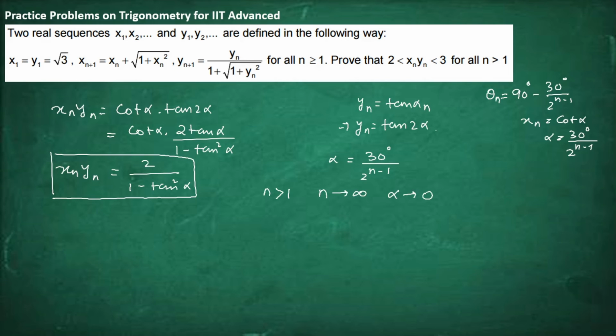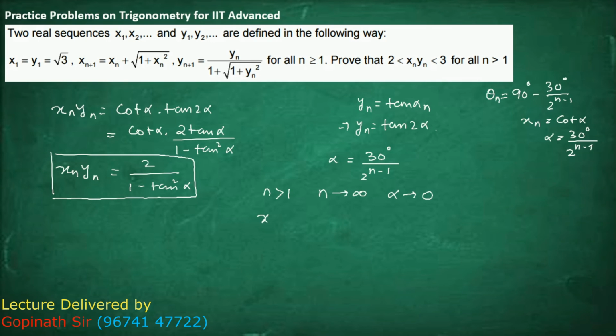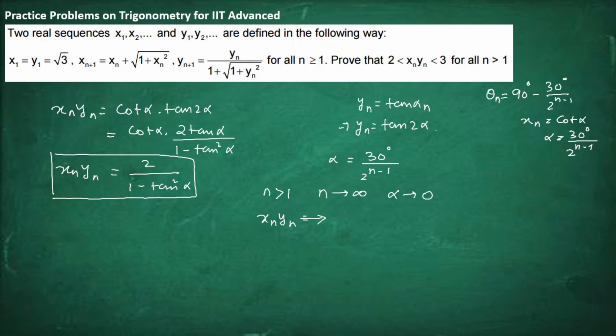Tell me yes or no. Yes? Okay. Then xn yn will tend towards what? If alpha is tending towards 0, then definitely tan square alpha is also tending towards 0. Therefore, xn yn is tending towards 2.